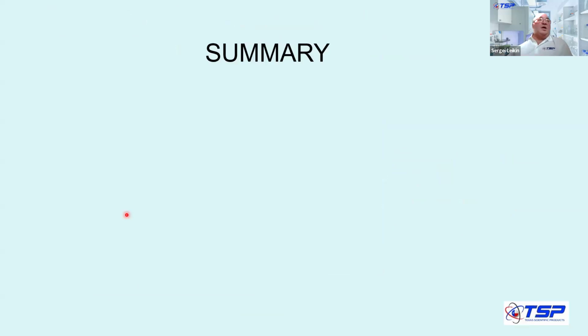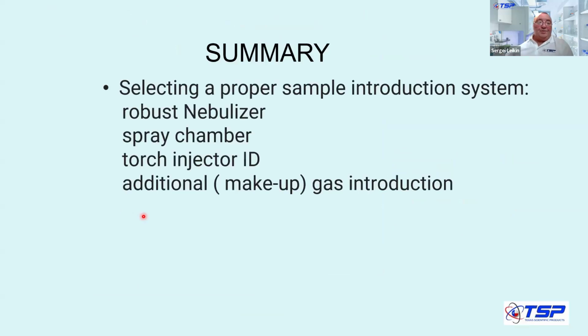And as a summary, first, selecting the sample introduction is probably one of the most important things. You have to get the right nebulizer, high solids capable for all of these applications, high particulate capable as well, the right type of spray chamber, and the torch injector ID also matters, depending on the application.